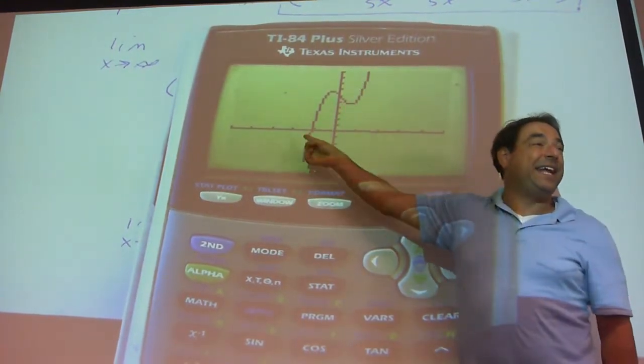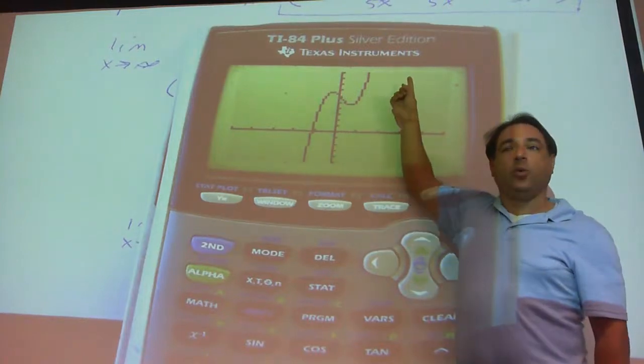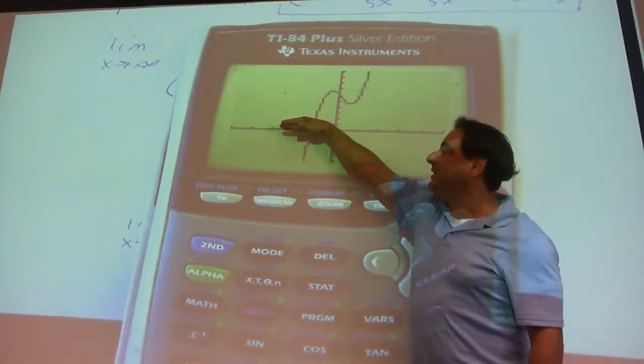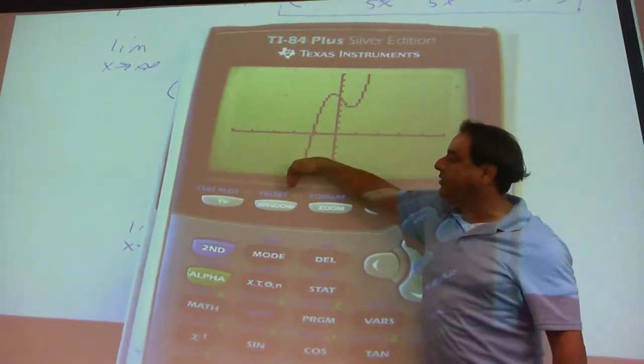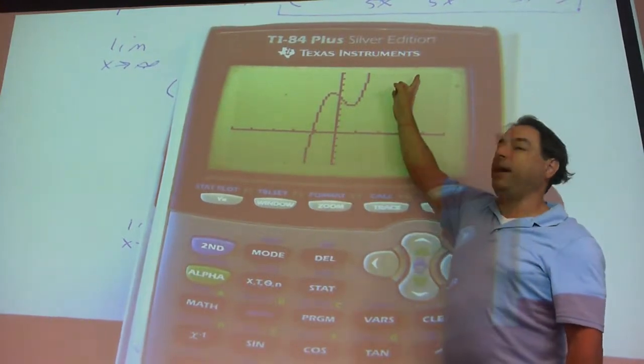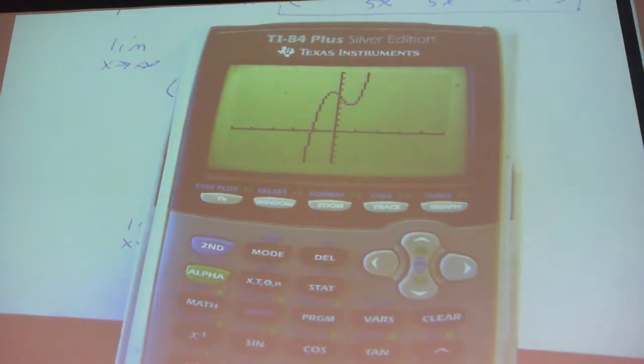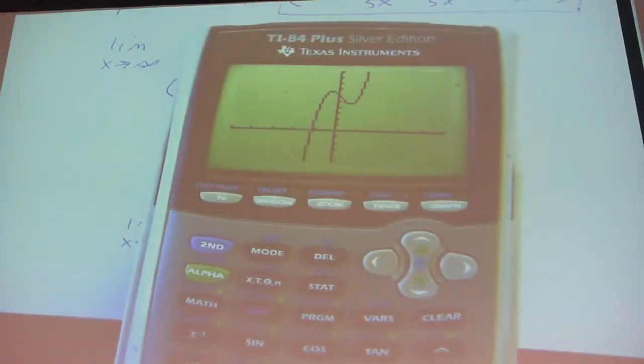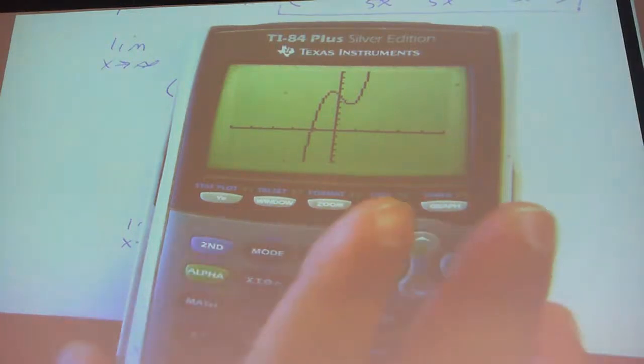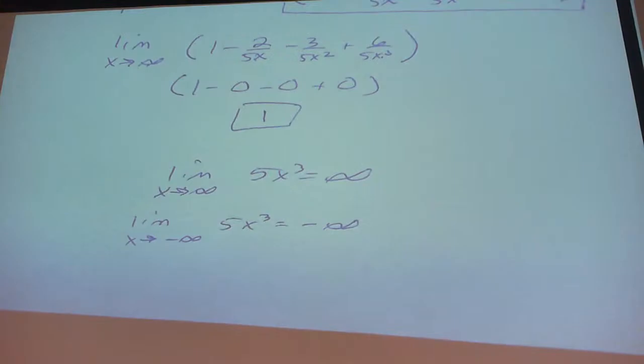All it's telling me is how the ends behave. This is a way to tell me that this side, as we go to negative infinity, is going down to negative infinity. This way, it's going to positive infinity. So I can look at that leading coefficient and take the limit, and that will tell me how the ends behave. Not groundbreaking. It's not going to change your life. I understand. But that's the point, what they're trying to get to.